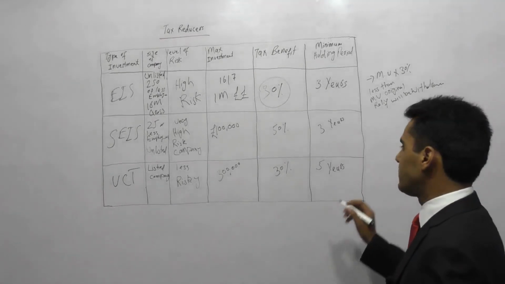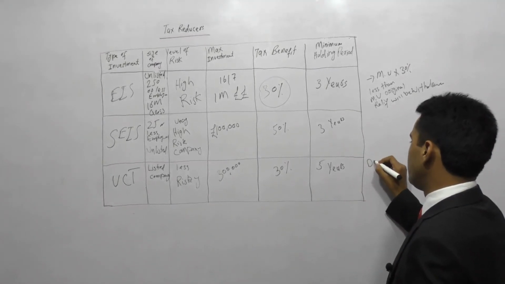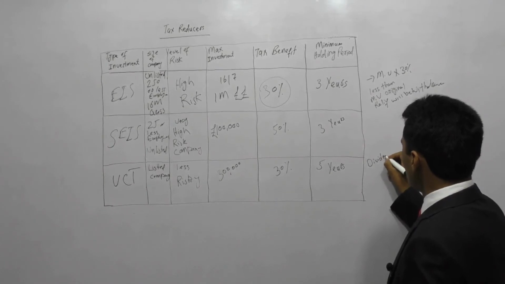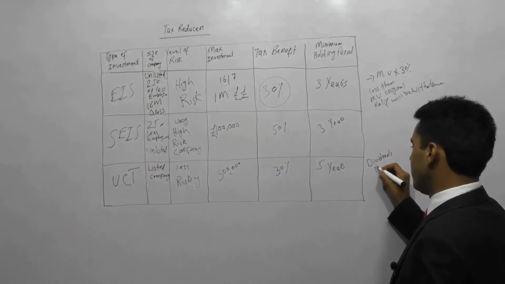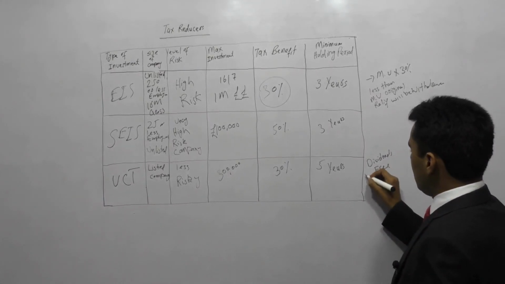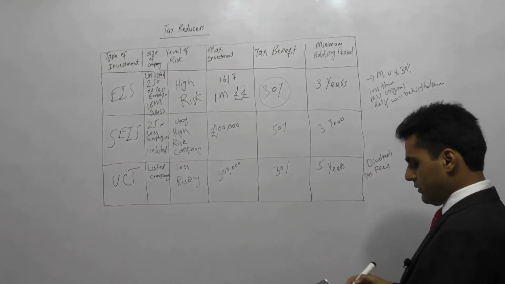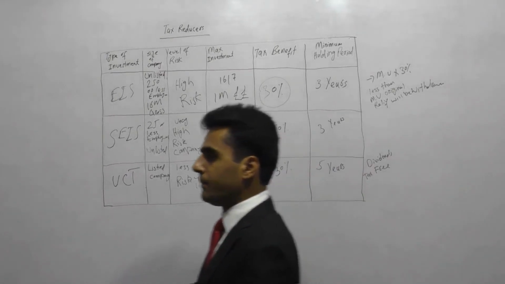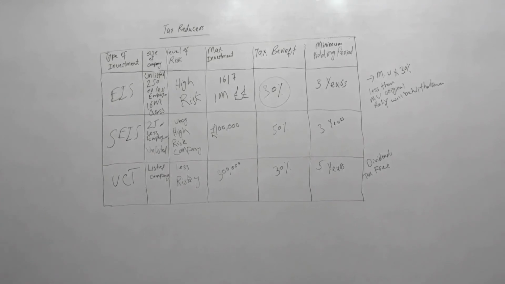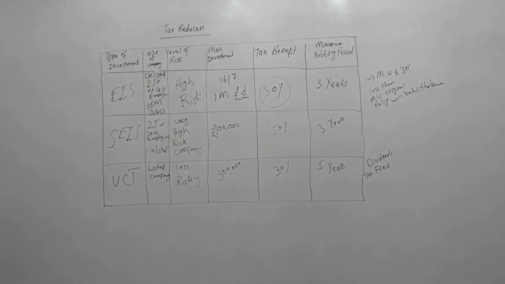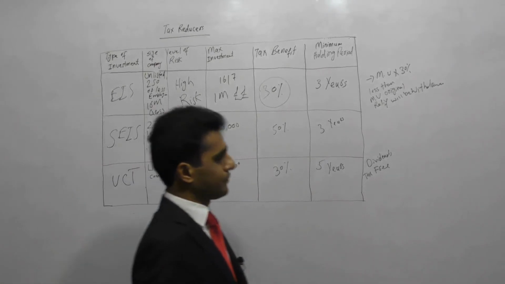Another thing in VCT is that dividends are tax-free. So the dividends which you get are tax-free. All right, so that is an additional thing in VCT. Now in all of these cases, the capital gains tax reducer also applies.